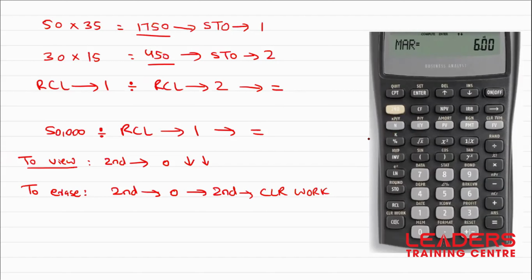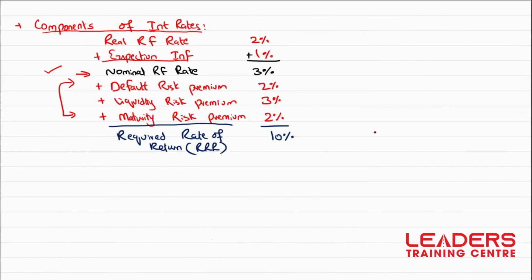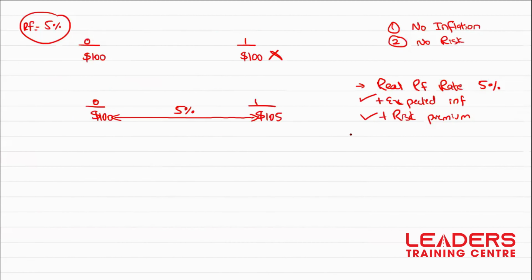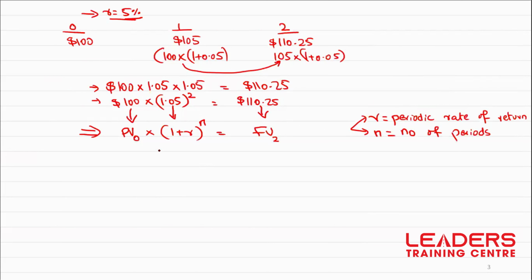If we want to do the time value of money calculations, then this would be one of the essential rows or keys that we would be inputting. If I take you back to the formula that we produced earlier, and I said we would be coming back to this formula over and over again: present value times 1 plus r, which is periodic r, to the power of number of periods, and that gives us the future value.